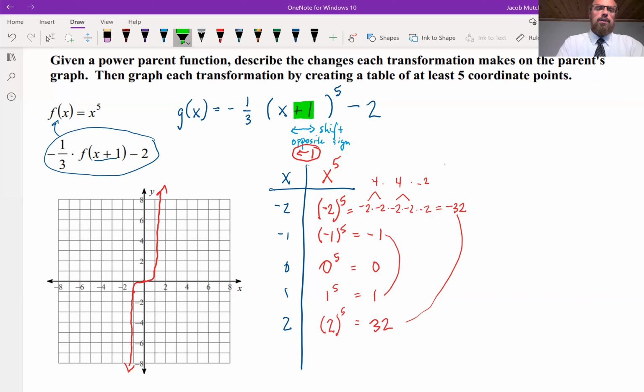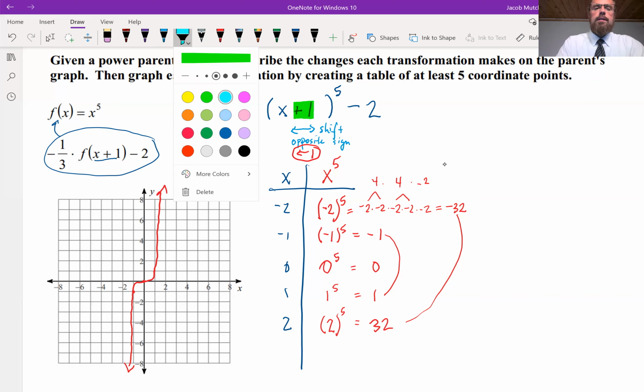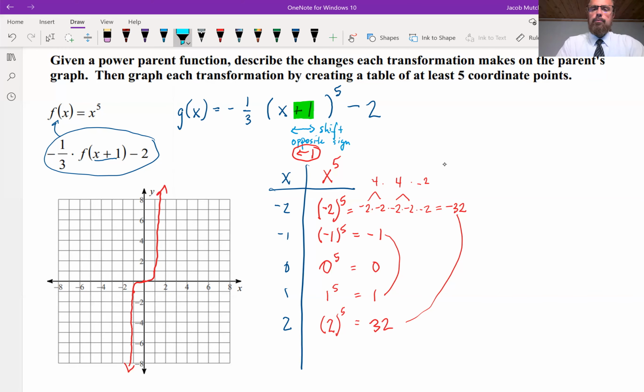The second change that I want to see is this number added or subtracted outside the function. So that -2, the way we would describe that generally is that's a vertical shift, an up or a down shift. And unlike that horizontal shift where we go opposite the sign, here we follow the sign.